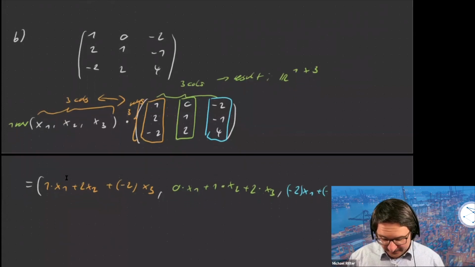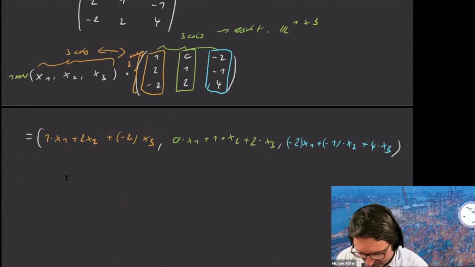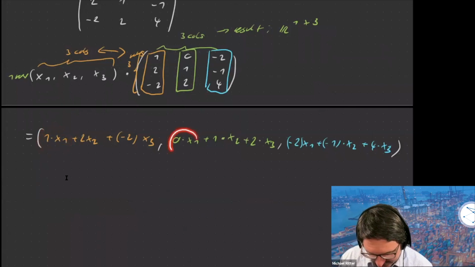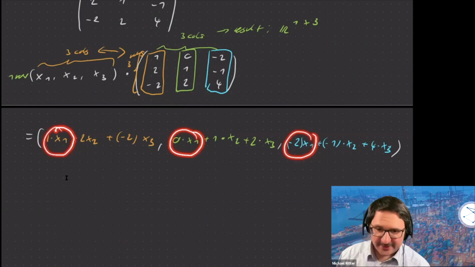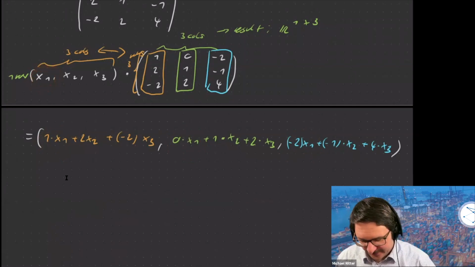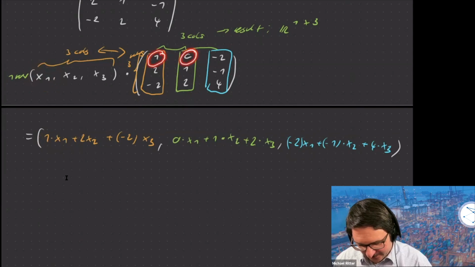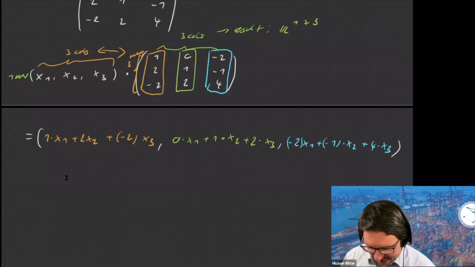Okay, and again, if you look at that closely, what is happening here is the x1, if you look at just the x1 entries, those are the numbers 1, 0, minus 2. Now the x1 entry here is always associated with the first entry in each column. So in other words, that's associated with the first row. So what we get here is x1 times 1, 0, minus 2.